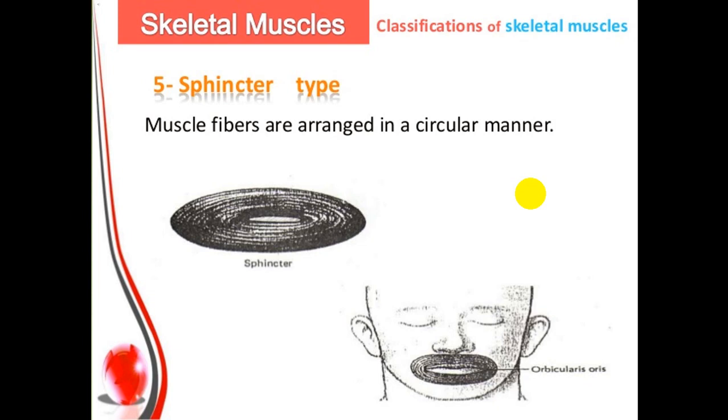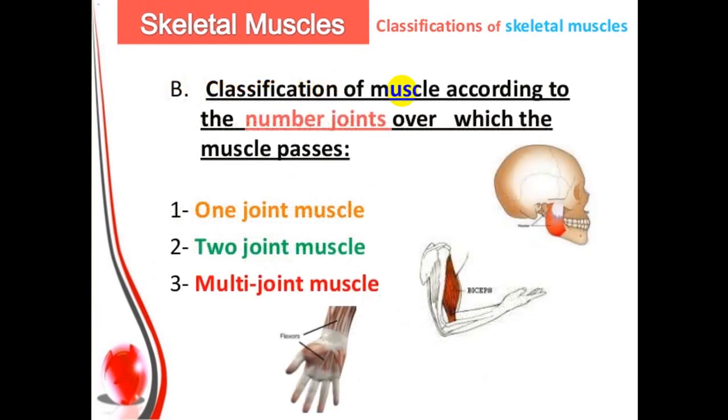Strap-like muscles cross more than one joint, so they have action on two distant joints. Then this is not a very important classification. Muscles which are crossing one joint are known as one-joint muscles, so they exclusively act on one joint. Then we have two-joint muscles or multiple-joint muscles.